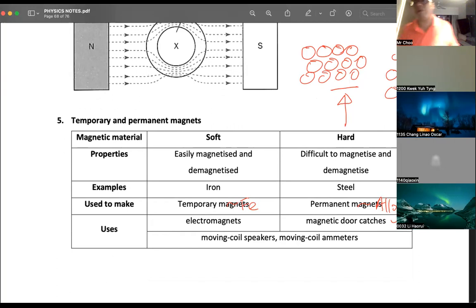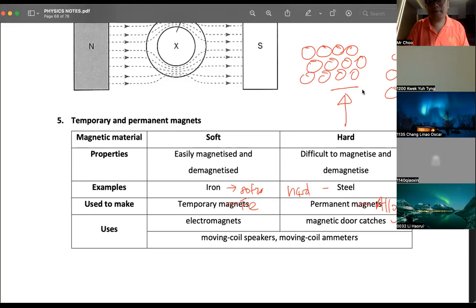So in terms of the physical strength, not magnetic strength, of the material, iron is actually softer compared to steel, which is harder. If you've learned technical subjects, iron material is actually soft. I mean, it's of course harder than your head, but it is softer compared to steel.